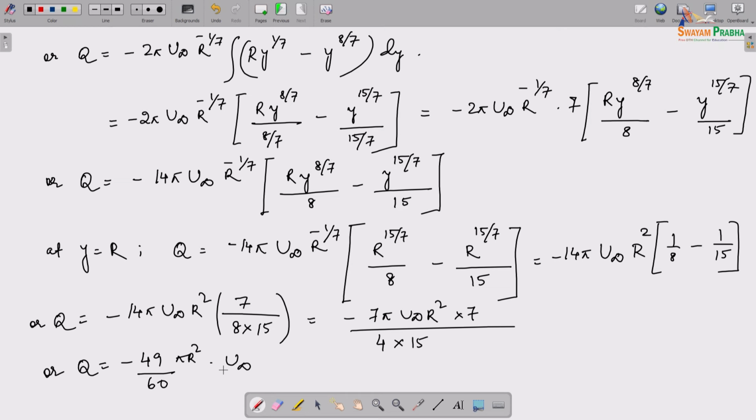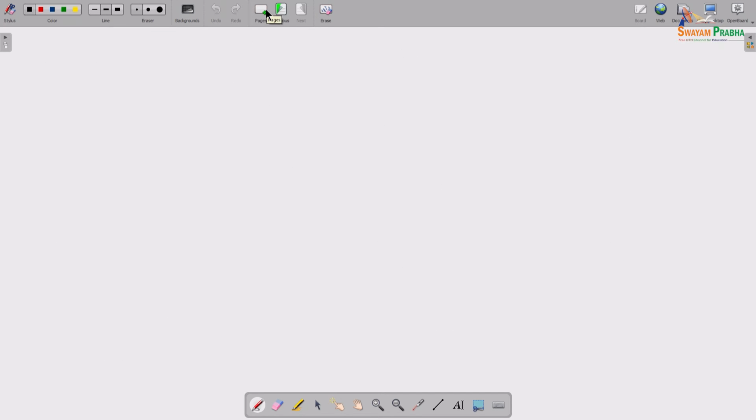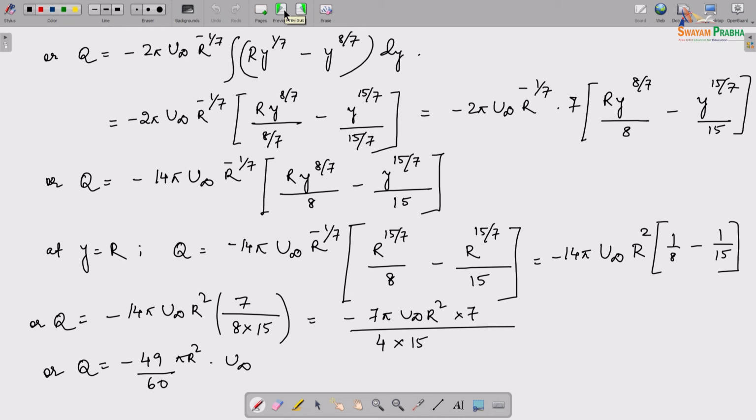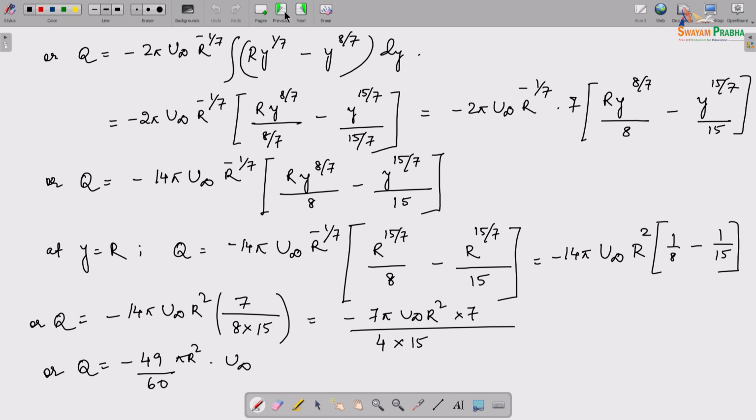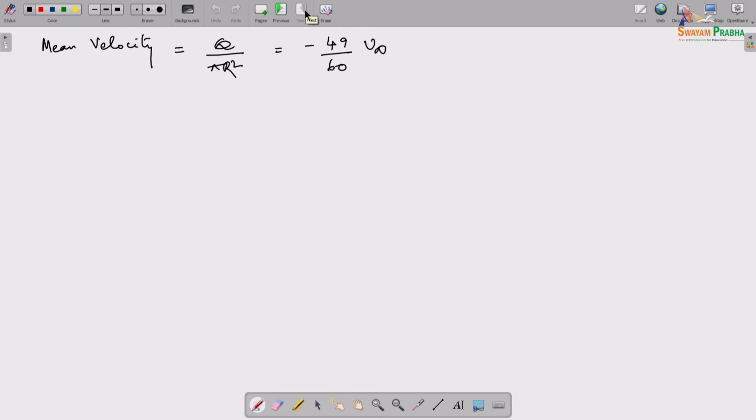This is the total flux, right, and then the mean velocity is equal to Q by pi R square, which is equal to minus 49 by 60 u infinity. This is what I think was asked of us.